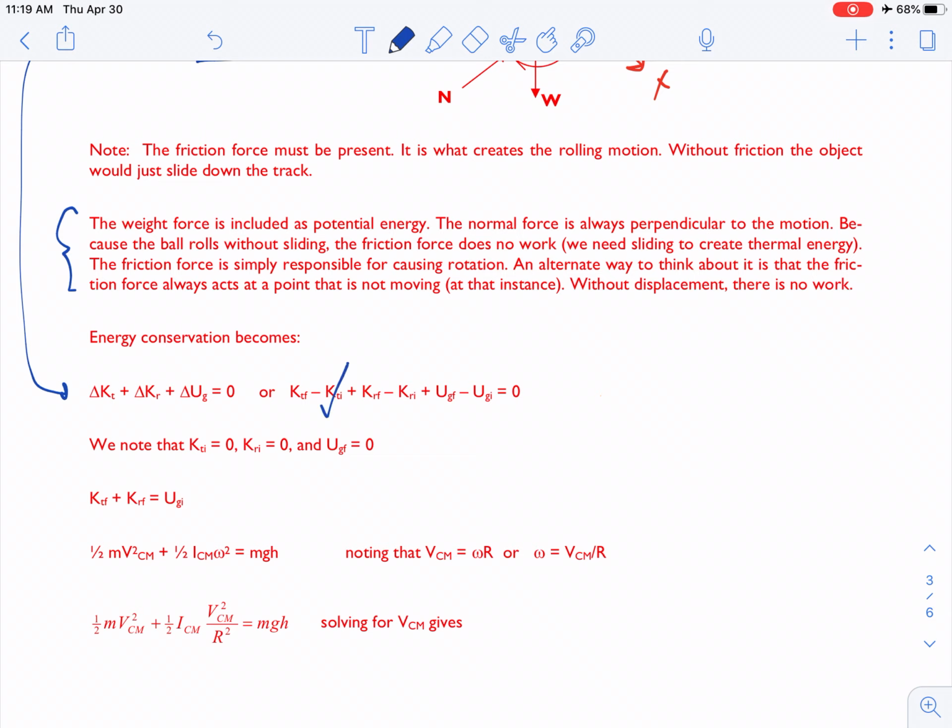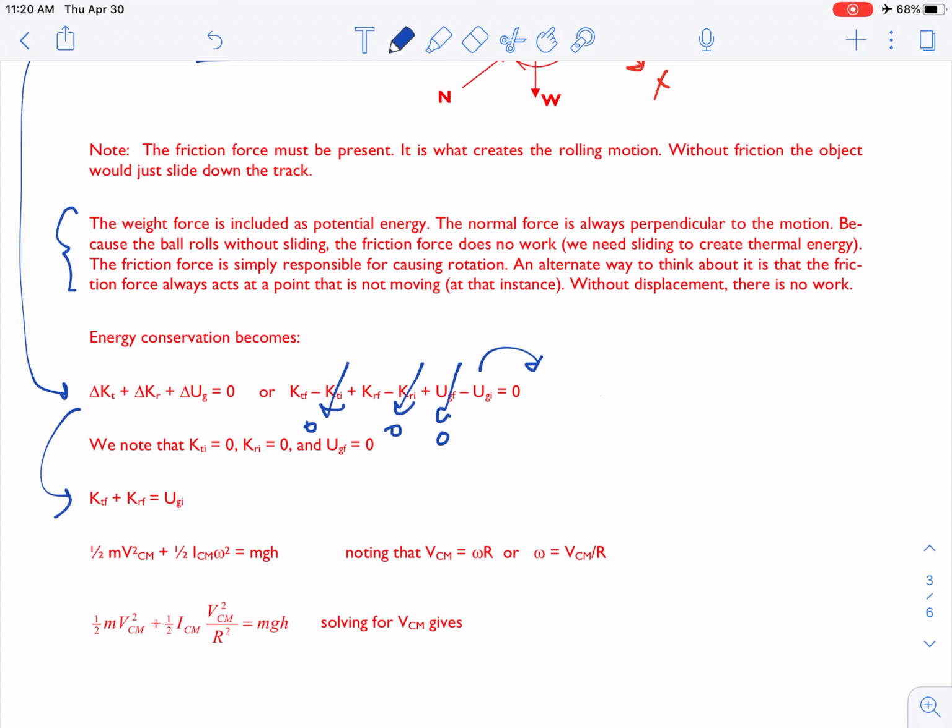Initially, there's no linear motion, there's no rotational motion, and final, we set that to be 0 level just like before, so that goes to 0 as well. So we have only 3 terms left. From here we get kinetic translational final plus kinetic rotational final minus gravitational potential initial, and you can put this on the other side, and that's what you're going to get.